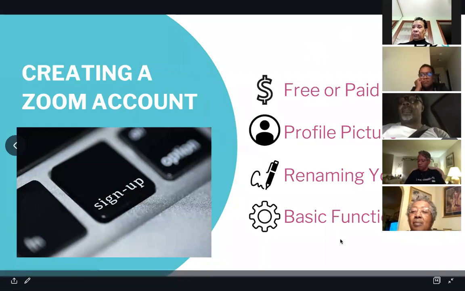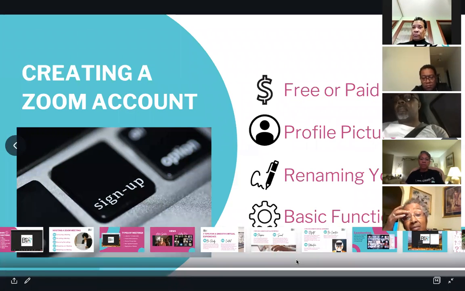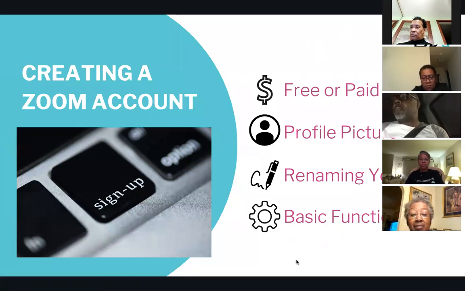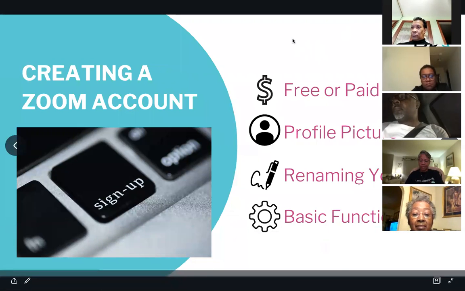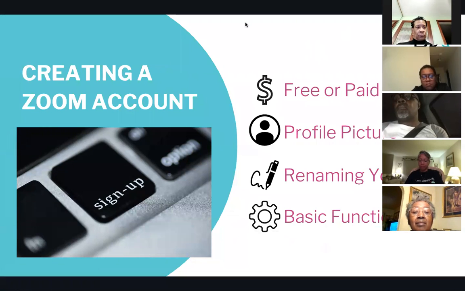And so to rename yourself, all you have to do is click on the three dots, and go to participants. You can take notes also, guys. All you're going to do is click on participants. That's on your taskbar that's across the bottom. That's going to be the same whether you're on your phone or your laptop. But if you're on a tablet, it may be at the top of your tablet.